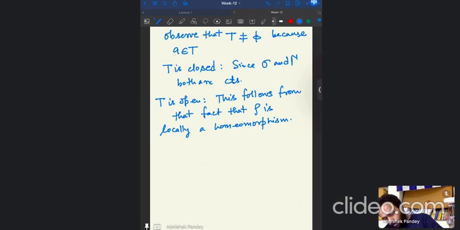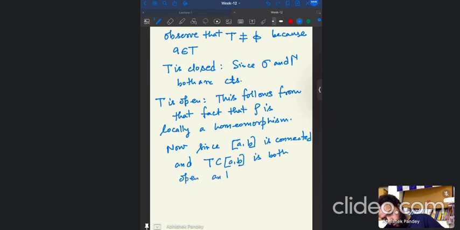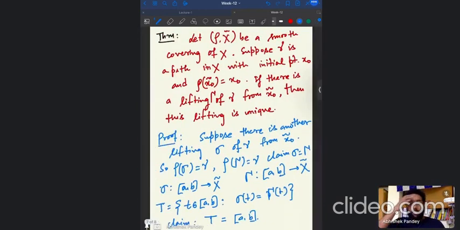So now since A comma B is connected, and T, a subset of A comma B, is both open and closed, therefore we have T equal to A comma B. So we have proved that if at all the lift exists, it is going to be unique.